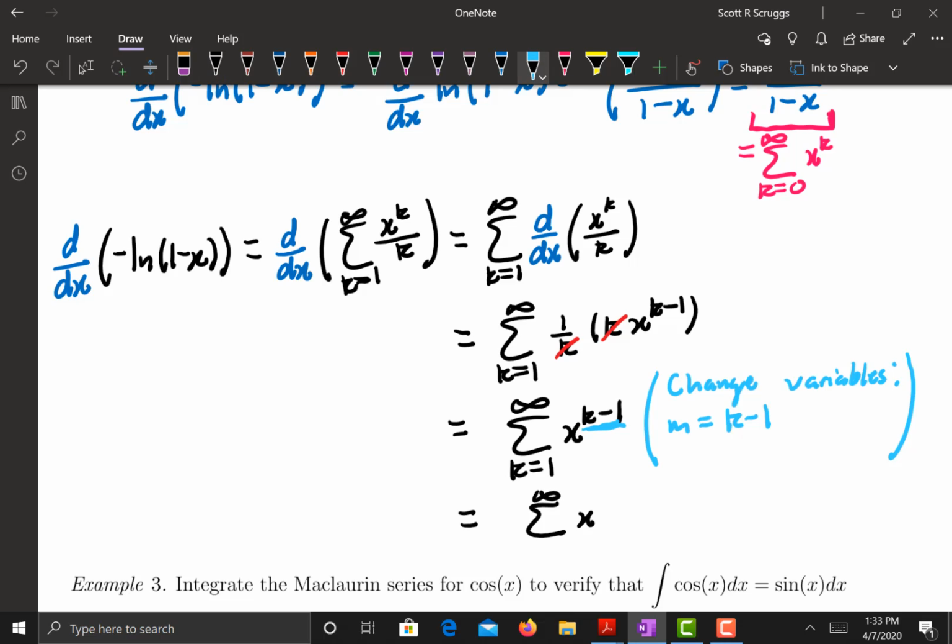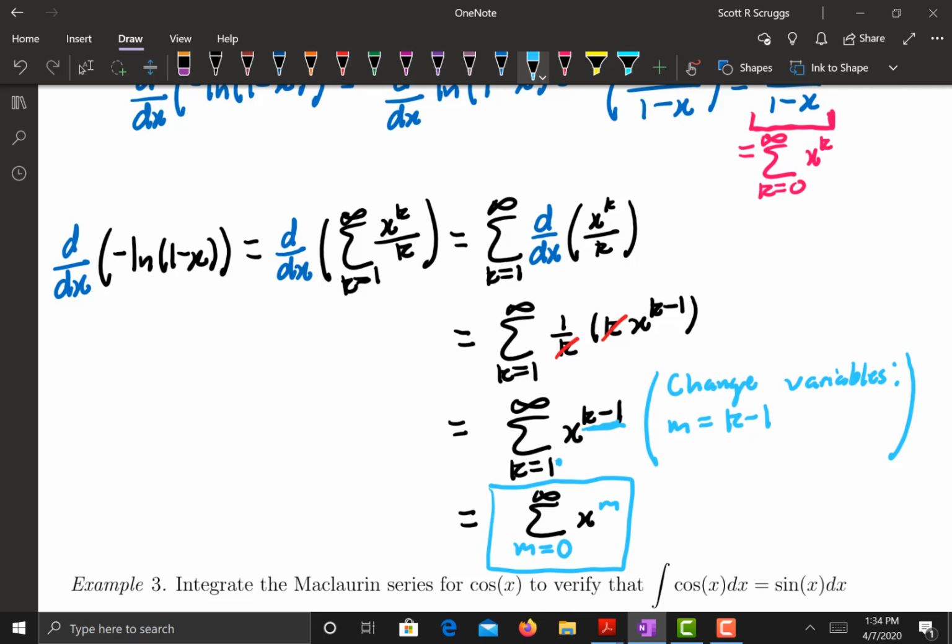First thing to note, since I define m to be k minus 1, that's now k equals m plus 1. And now my series is going to start at 0, because in my original series I started off at 1. So if I plug k equals 1 into my formula for m, I'll have that m equals 0, which explains why my new series starts at 0 instead of starting at 1.